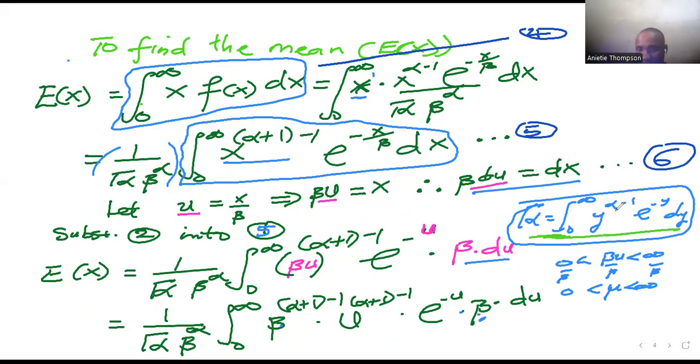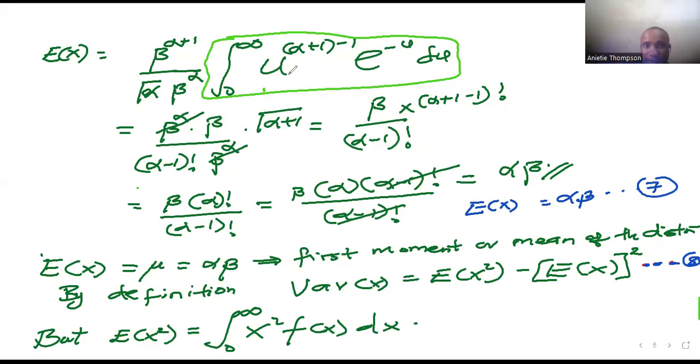Since the integral here is equal to gamma of alpha, integral from 0 to infinity, that means this is still a gamma function with the parameter being alpha plus 1. So I can replace what I'm circling here with green with gamma of alpha plus 1.